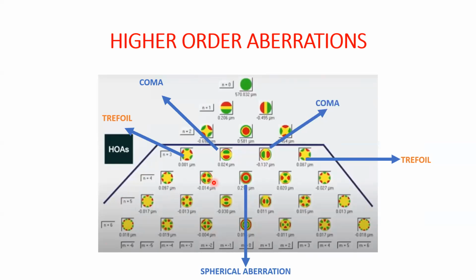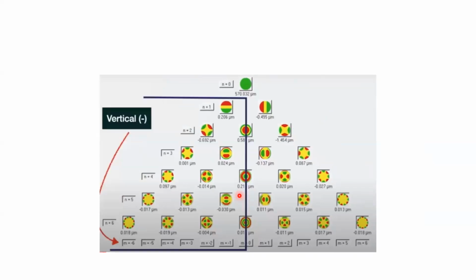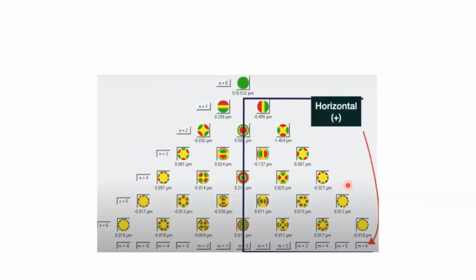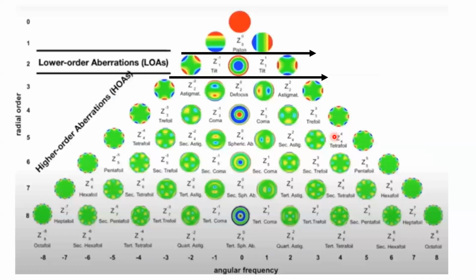Generally, for refractive surgery purposes, studies have shown that only three aberrations are clinically significant, which are coma, trefoil, and spherical aberration. The aberrations on the left half of the pyramid are vertical aberrations denoted with a minus sign, and the aberrations on the right half of the pyramid are horizontal aberrations and are denoted with a positive sign.